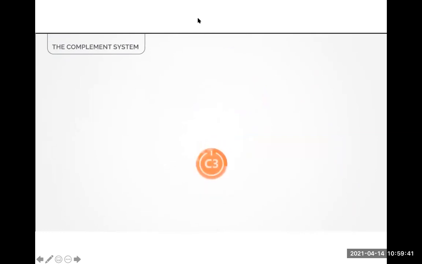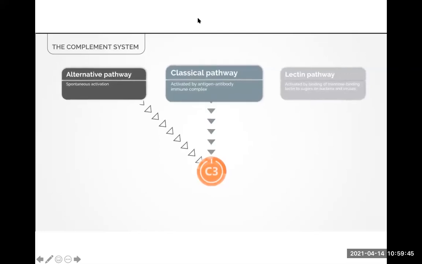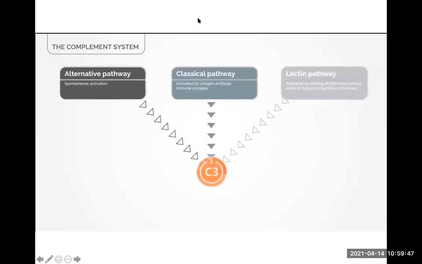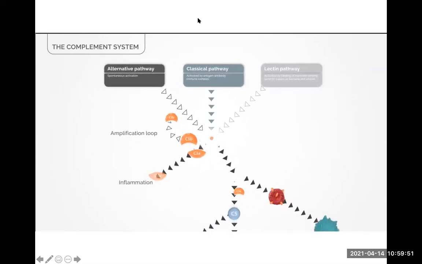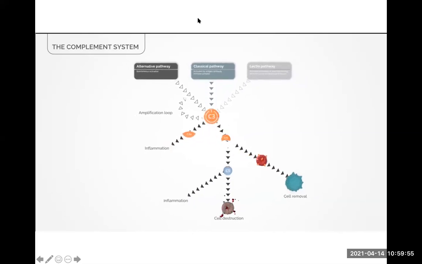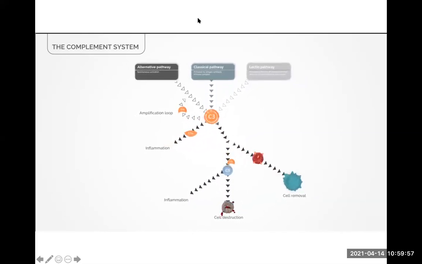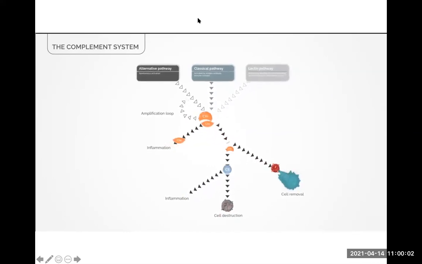The complement system may be activated by 3 different pathways: the alternative, classical, and lectin pathways that all run through complement C3, the central protein in the cascade. C3 serves as the master switch, controlling all downstream effectors that ultimately cause destruction of the cell.